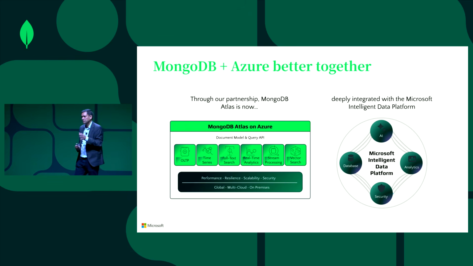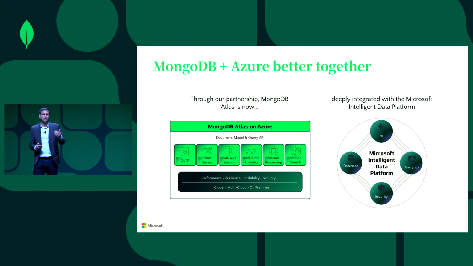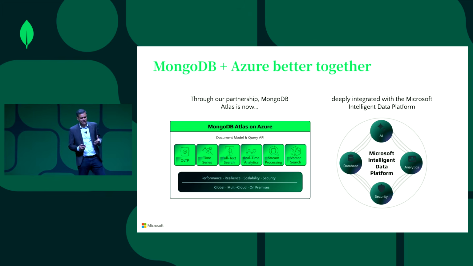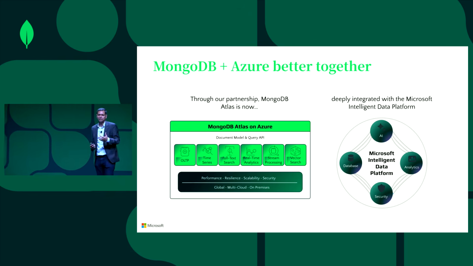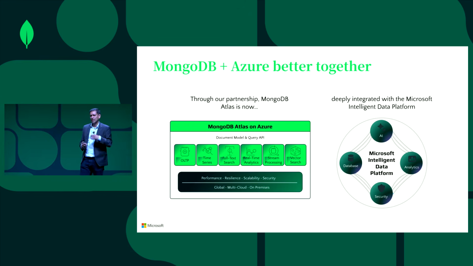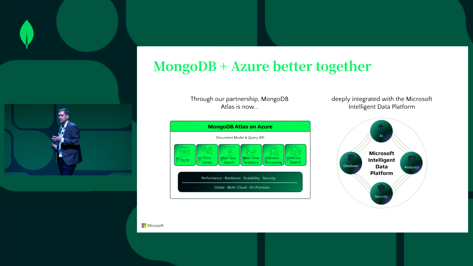The partnership between MongoDB and Microsoft spans over a decade, and through our engineering collaboration, MongoDB Atlas is now deeply integrated into Microsoft Intelligent Data Platform, thus enabling our customers to realize the full value of their unique data and realize the full power of cloud.